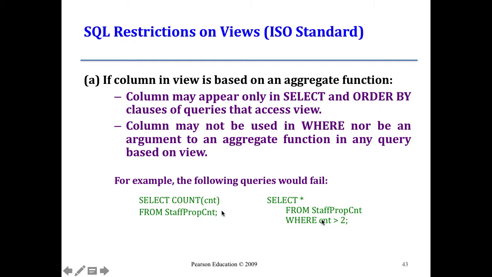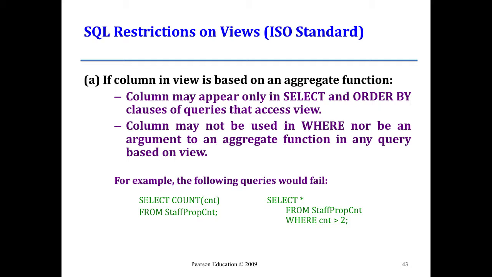So the reason that you can't use a column derived from an aggregation operator in a where clause on a view is because if you tried to do view resolution, you would end up with an illegal query on the underlying base relations.